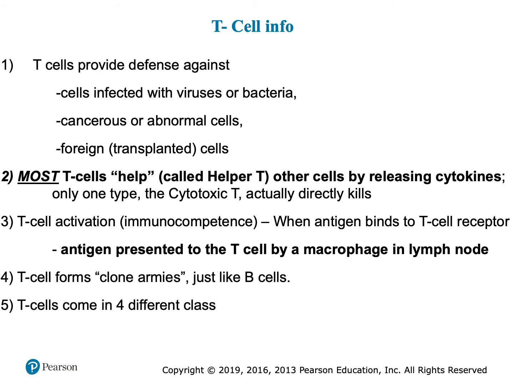The biggies are helper cells. 65 to 85% of the lymphocytes that you see in your smears, so like in a blood smear, the majority of those are going to be helper Ts. Anyway, we have some regulatory guys, and we have the memory guys, just like with B cells.